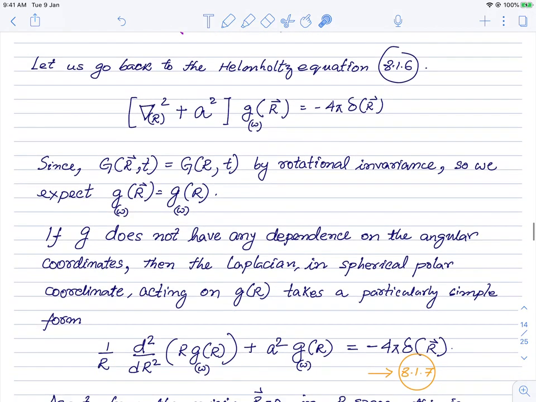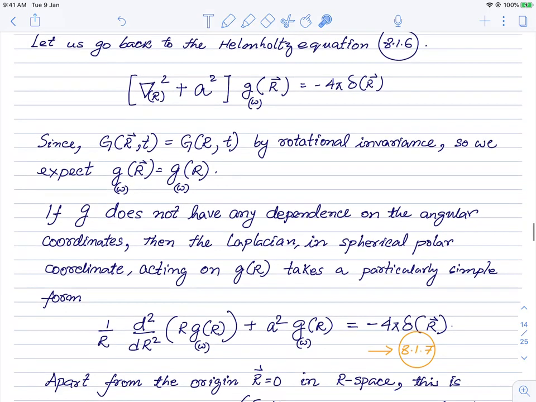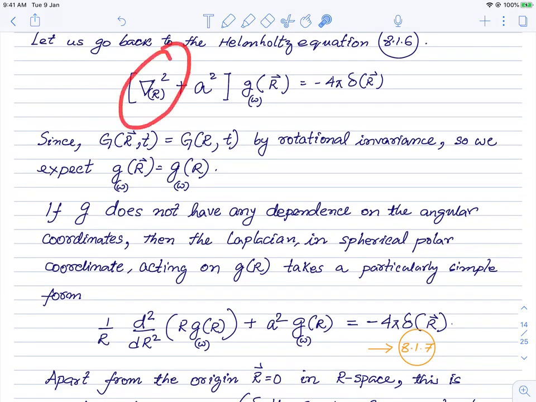Now we can write the Laplacian out in terms of the radial coordinate only. The R coordinate has capital R, theta, and phi, these are the three coordinates.